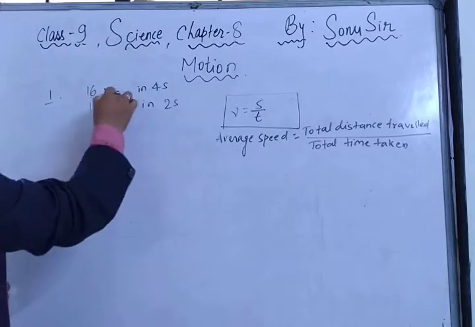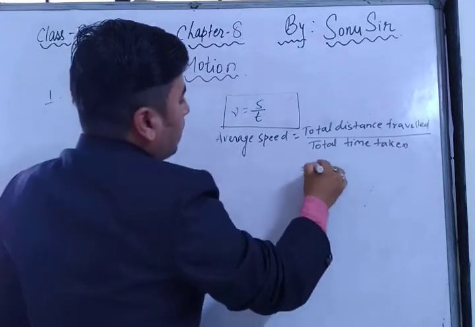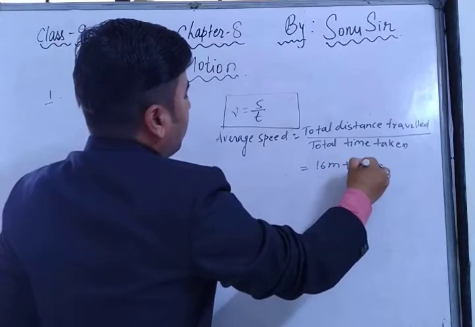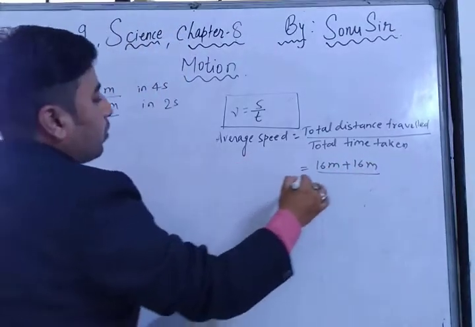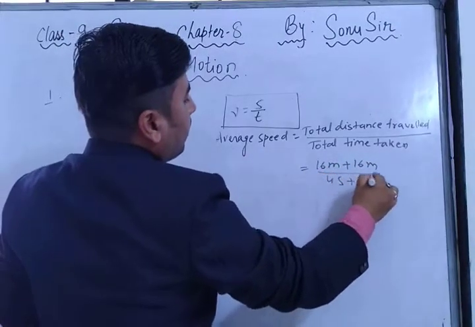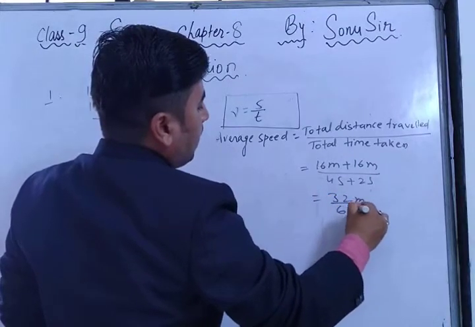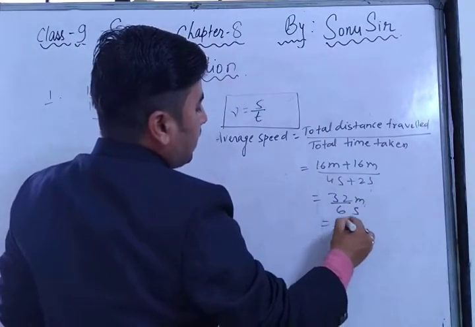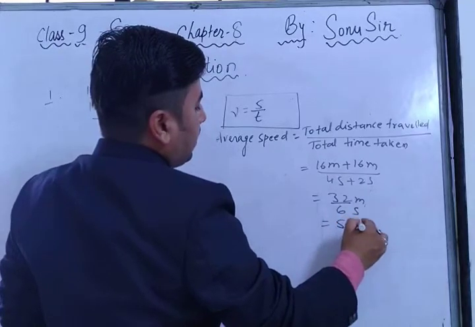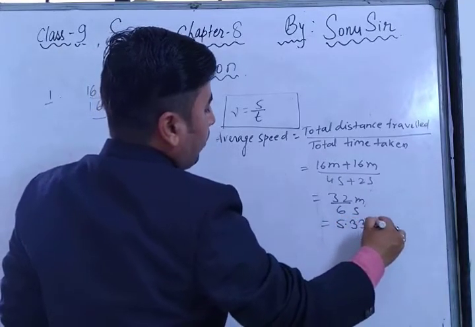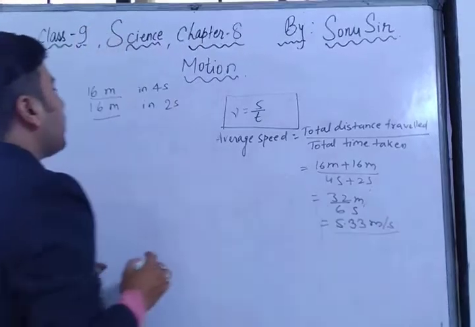Total distance is 16 meter and 16 meter, right? So 16 meter plus 16 meter by total time, which was 4 seconds and 2 seconds. So 16 plus 16, 32. 4 plus 2, 6 second. 6 fives are 30, 6 threes are 18. 5.33 meter per second is the average speed.